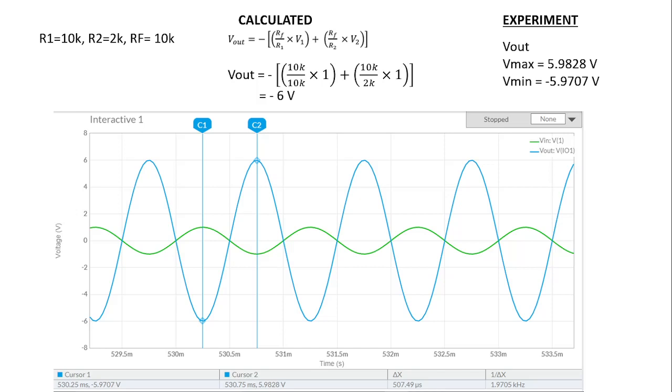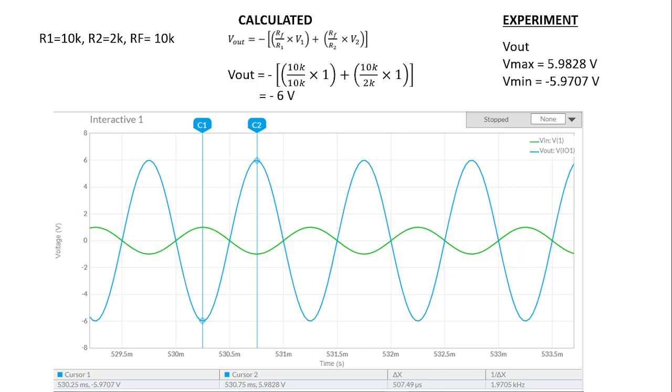Next, we go to situation 2, which is R1 equal to RF equal to 10K and R2 equal to 2K. For the calculation, we get V out equal to negative 6 volt, and in the experiment we get V max equal to 5.9828 volt.